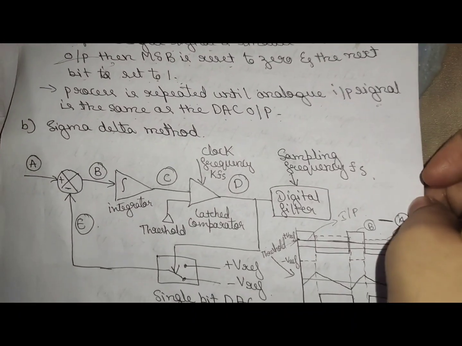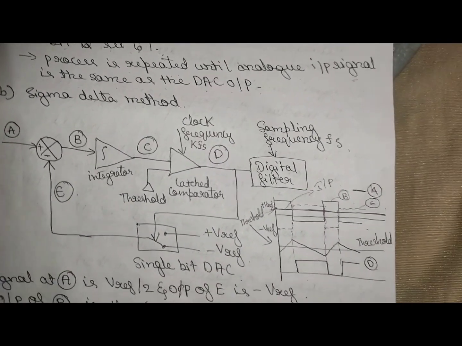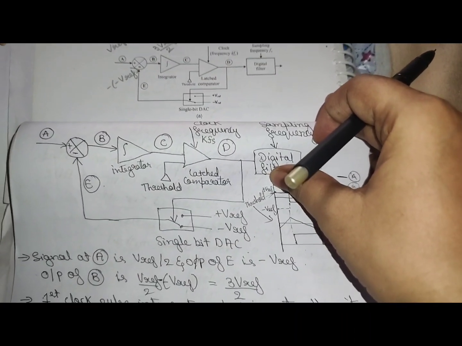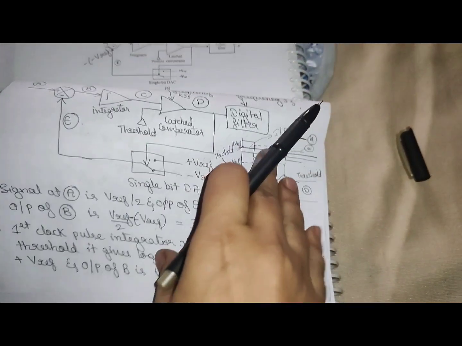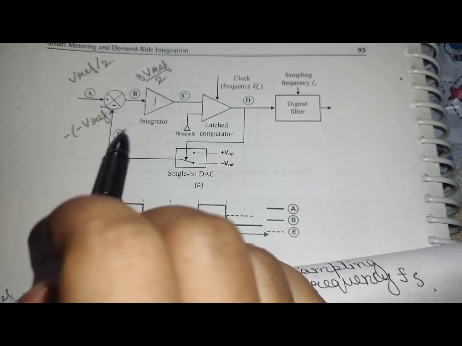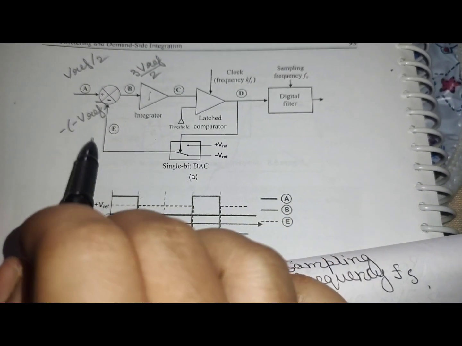So this is the sigma delta method. You can see signal at A is V reference divided by 2, and from here minus V reference will come. So what will be the output at B? 3V reference divided by 2.